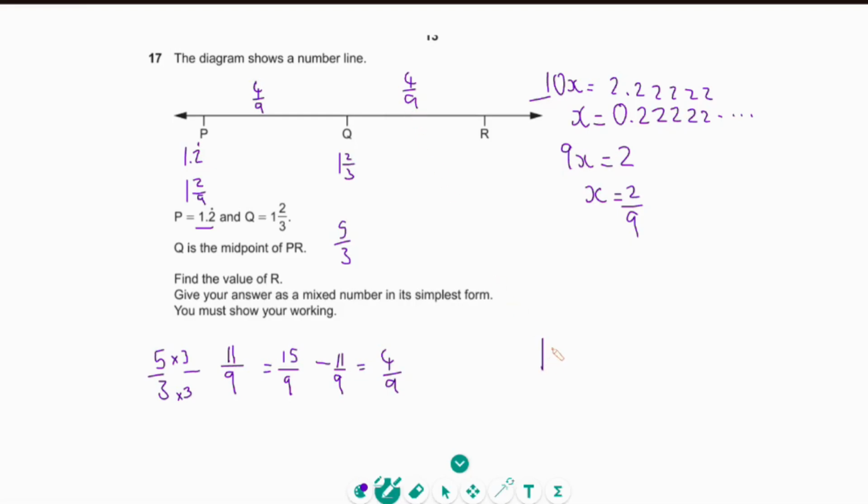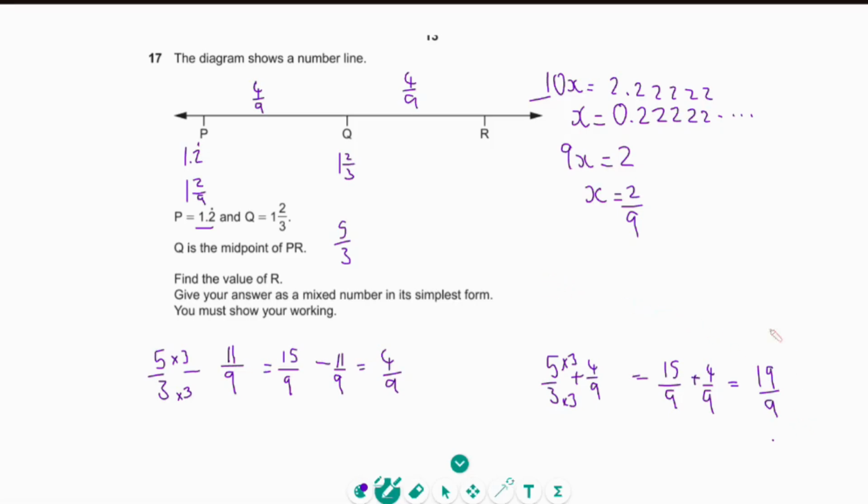So let's just do 1 2/3, which is 5/3, plus 4/9. Again, we need to make the denominators the same, so I'm going to multiply the numerator and denominator by 3. So we've got 15/9 plus 4/9, 19/9. Give your answer as a mixed number in its simplest form.